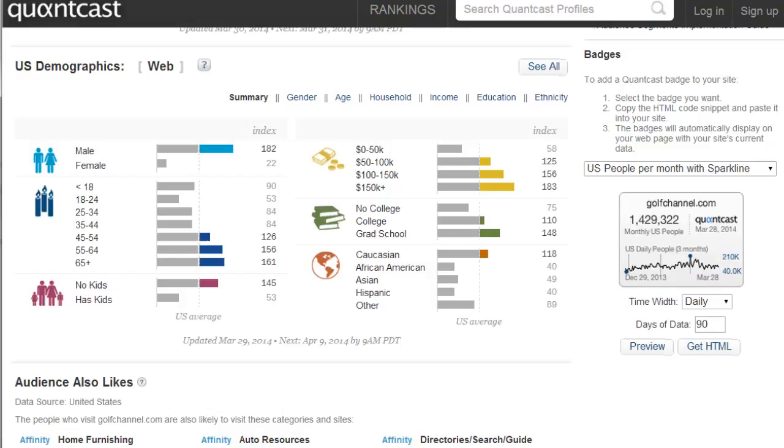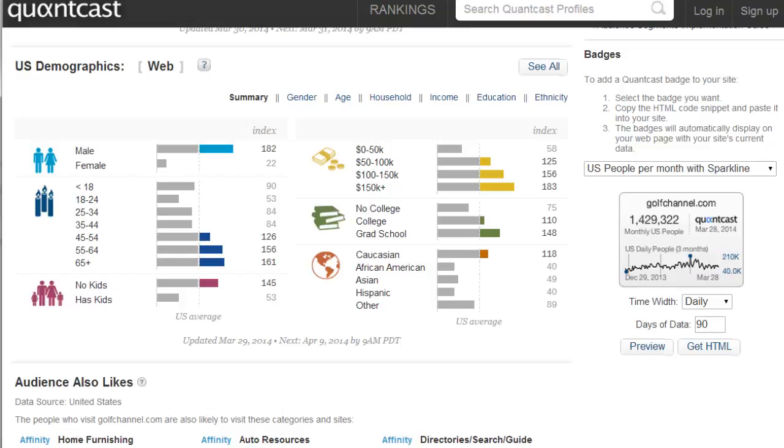So in this case, for golf, we can tell that it's mostly male men that are about 45 to 65 years of age. They have no kids. They are top earners, tend to have college or grad school, and they tend to be Caucasian.